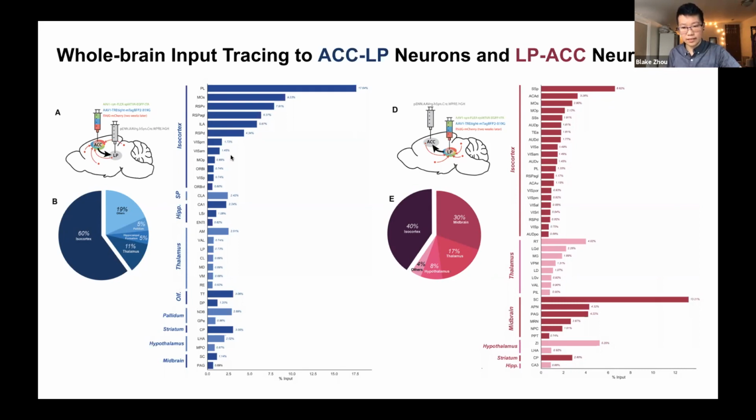So definitely more sparse in the LP compared to the ACC. But given that, there's a remarkable number of projections that resulted from that relatively sparse population, which speaks to how well connected LP neurons are.